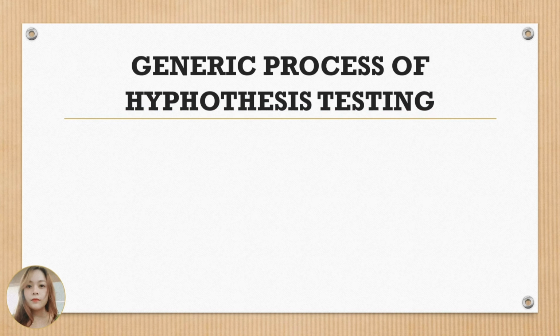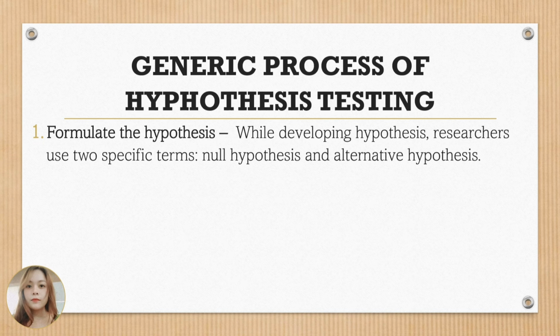Generic process for hypothesis testing. Testing for statistical significance follows a relatively well-defined pattern, though authors differ in the number and sequence of steps. Number one is to formulate the hypothesis. While developing a hypothesis, researchers use two specific terms, the null hypothesis and the alternative hypothesis.